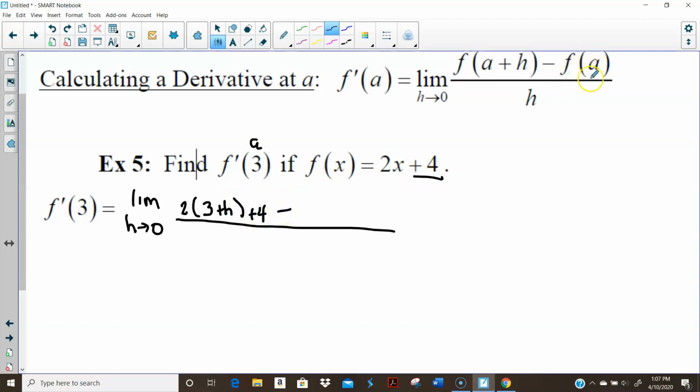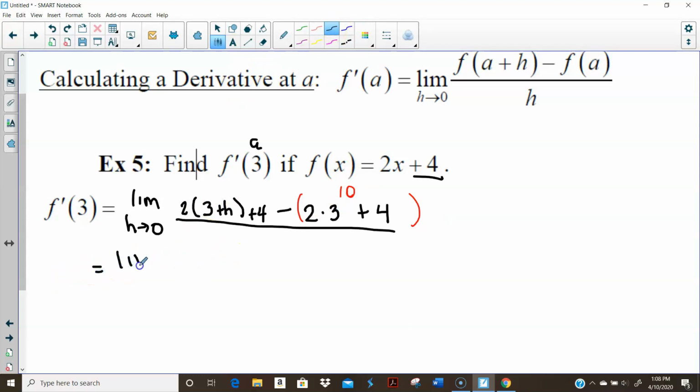Subtract f of a. So make sure you use parentheses here. And then you're going to do f of a. So that's 2, and then in place of x, you're going to put in a, and a is 3. So that's 2 times 3 plus 4. This is going to give us 6 plus 4, which is 10. So let's simplify.